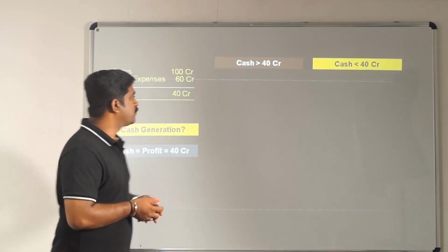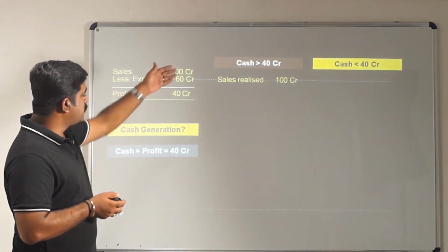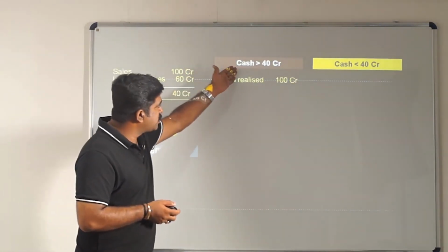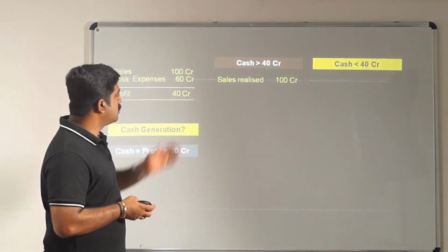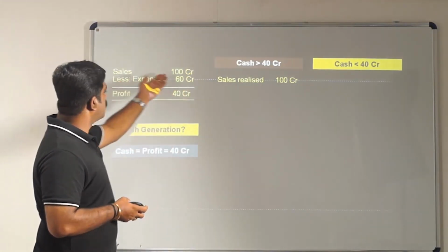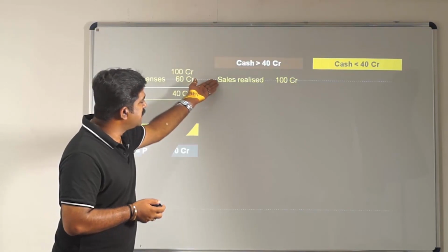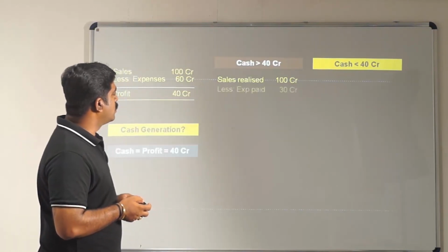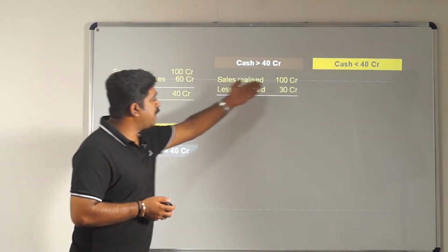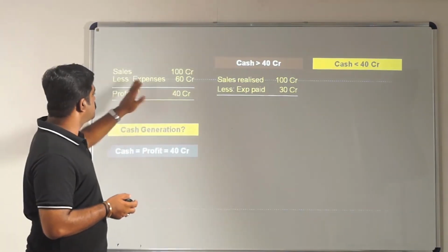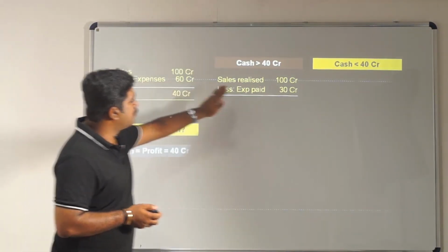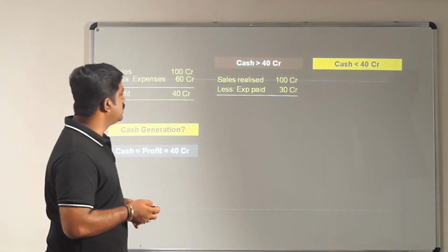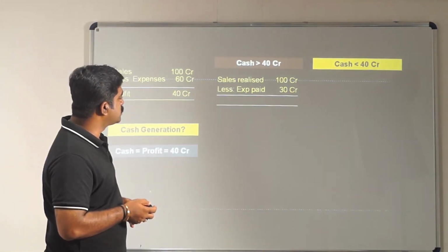Okay, let's see. I'm taking the scenario where cash can be greater than 40 crore. How? Sales made is 100 crore and I'm realizing the entire 100 crore, whereas expenses paid is only 30 crore. Expenses incurred is 60, but what is paid is only 30. So what is the cash position?